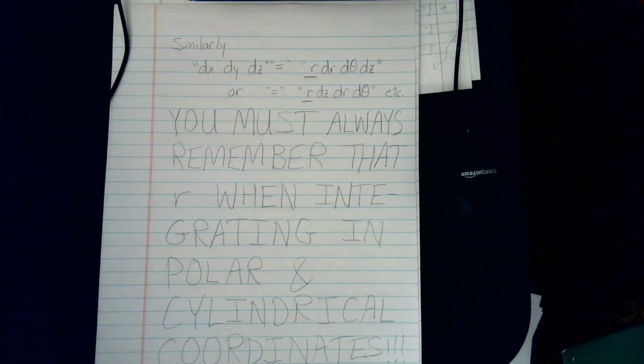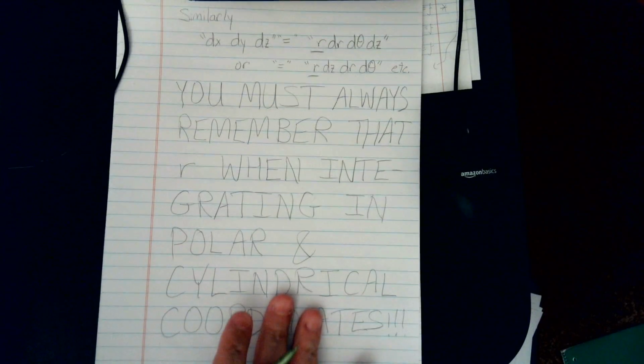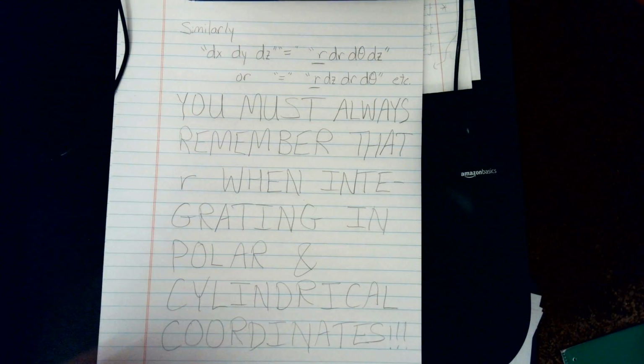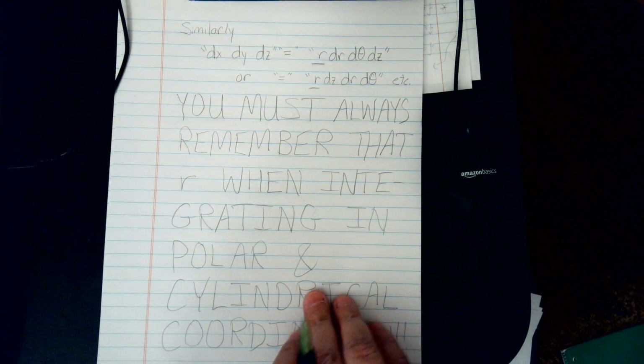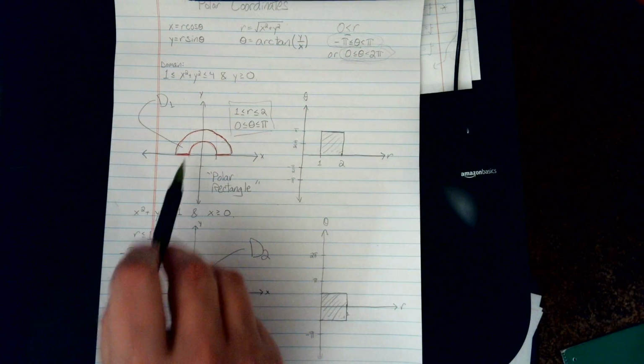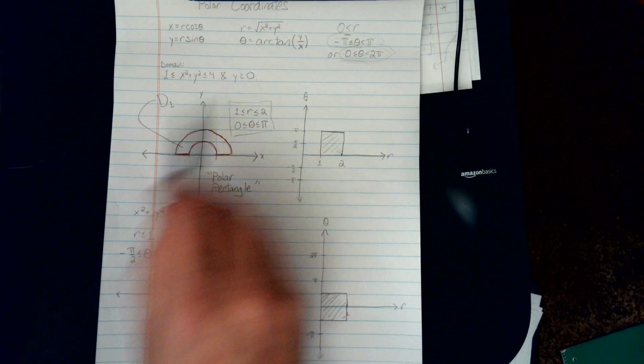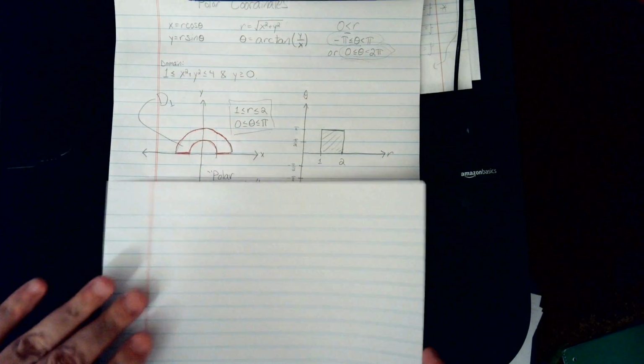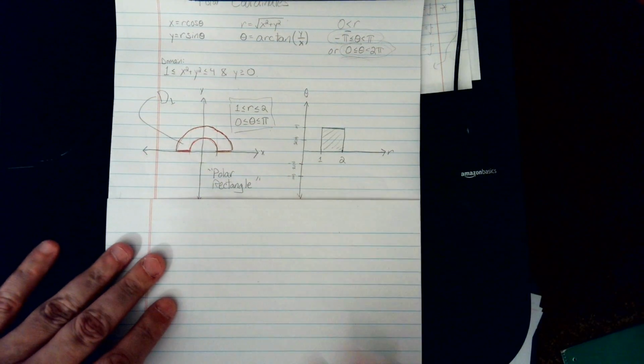That's really all I have to say that you really need to know before we start doing integrals. So let's now do some integrals. Let me recall some of our domains, and I've given them names now. I call this one D1, this one D2. Let's take D1 and do a couple of integrals on it.